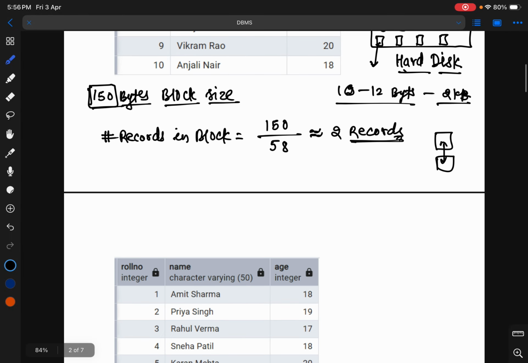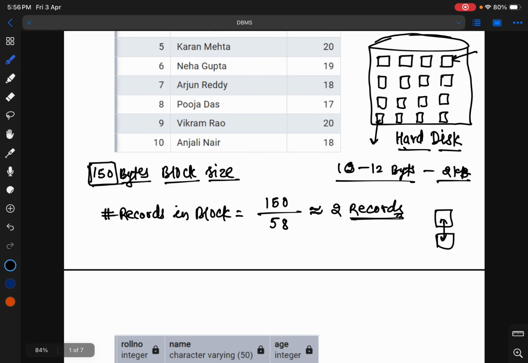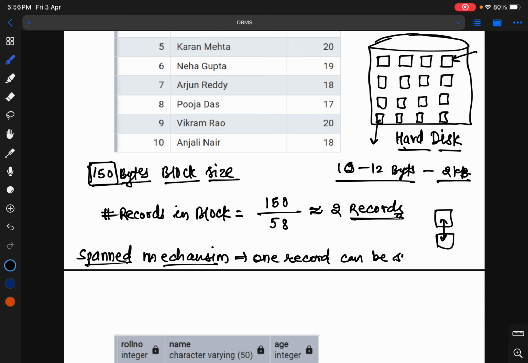That mechanism is known as the spanned mechanism, in which one record can be split and stored in two different blocks.